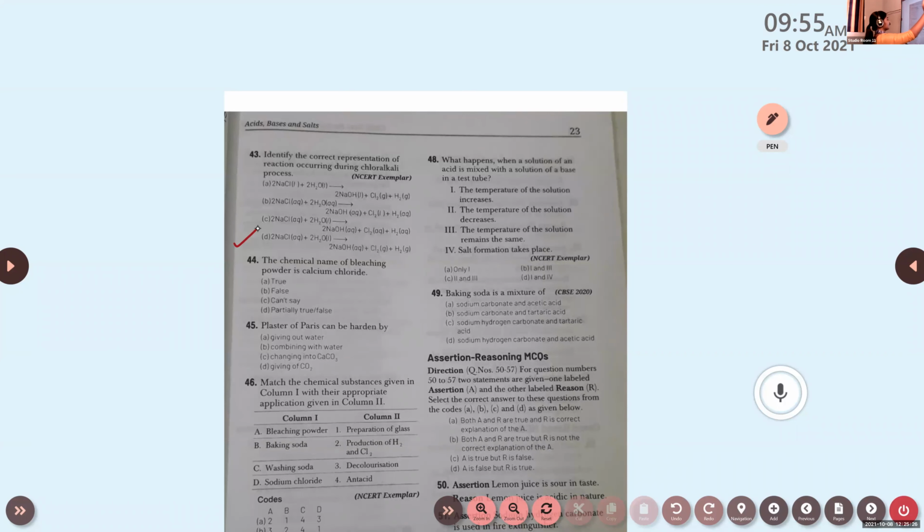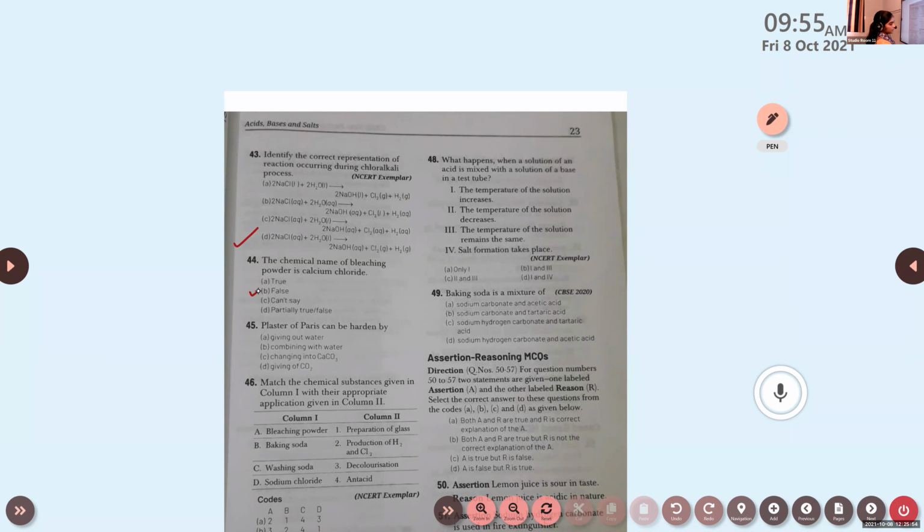These are the options. The statement is chemical name of bleaching powder is calcium chloride. Yeah, it's false. Then what about the chemical name of bleaching powder? It is CaOCl2, not calcium chloride. Calcium oxychloride.